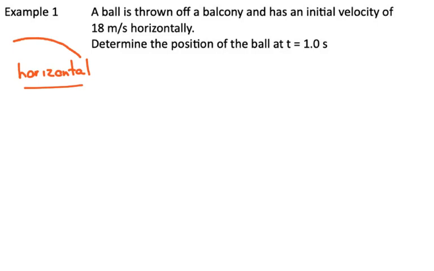What we know is that the speed horizontally is 18 meters per second. And that is a constant speed. Anytime we're dealing with projectiles, the horizontal speed will be constant. We know the amount of time that's gone by, 1 second. And what matters is the position or the displacement.